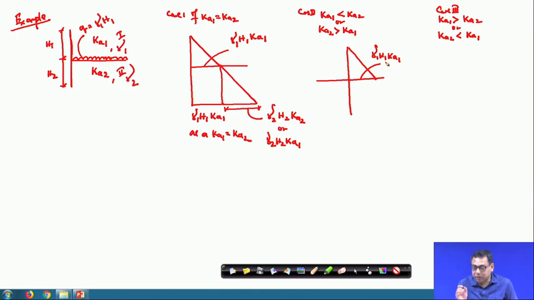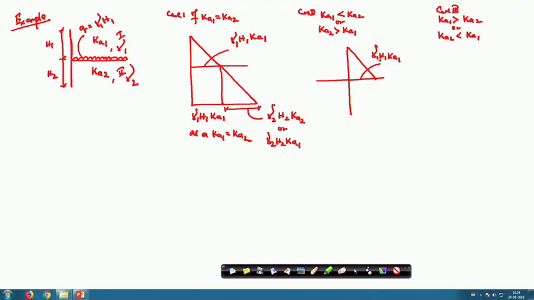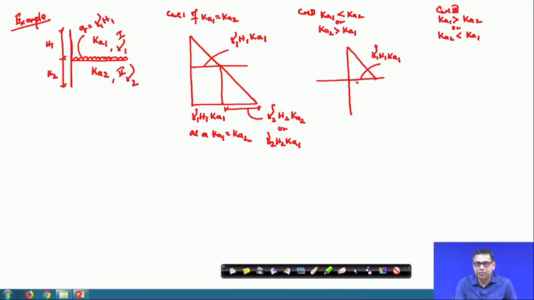That is very important. When you calculate the earth pressure in a layered soil, if you have different Ka values, then you have to check the earth pressure at the interface of the layers, one for the top layer and one for the bottom layer, at the same point. Gamma 1 H 1 K A 1 is the earth pressure at this point corresponding to the first layer.